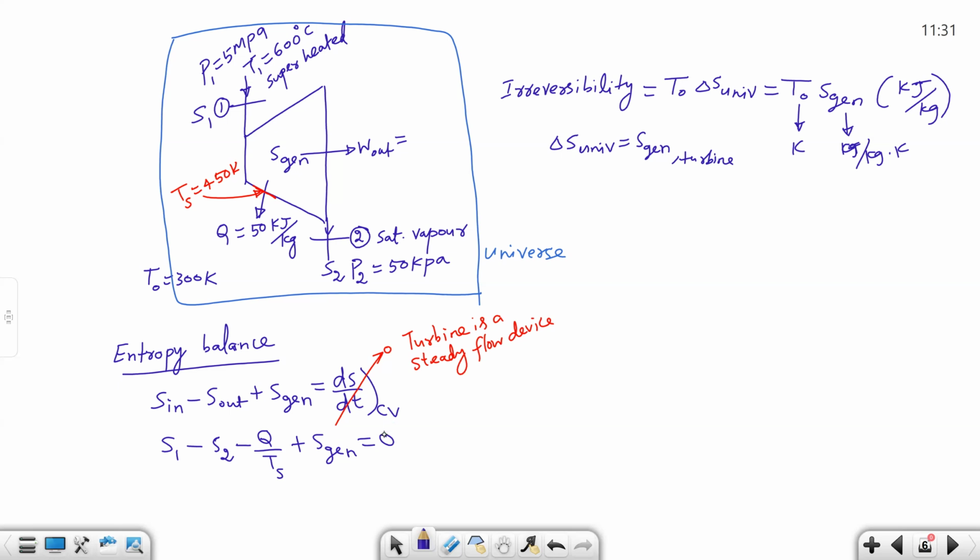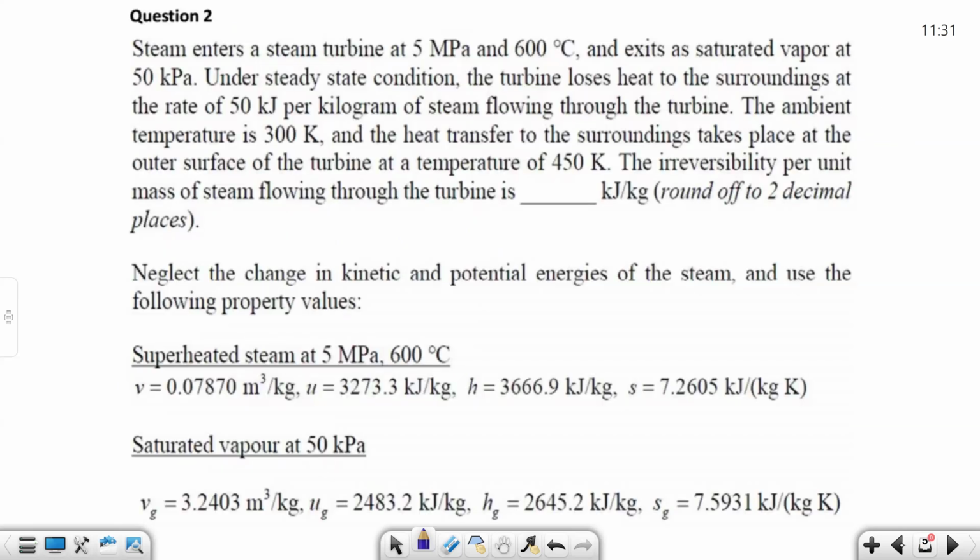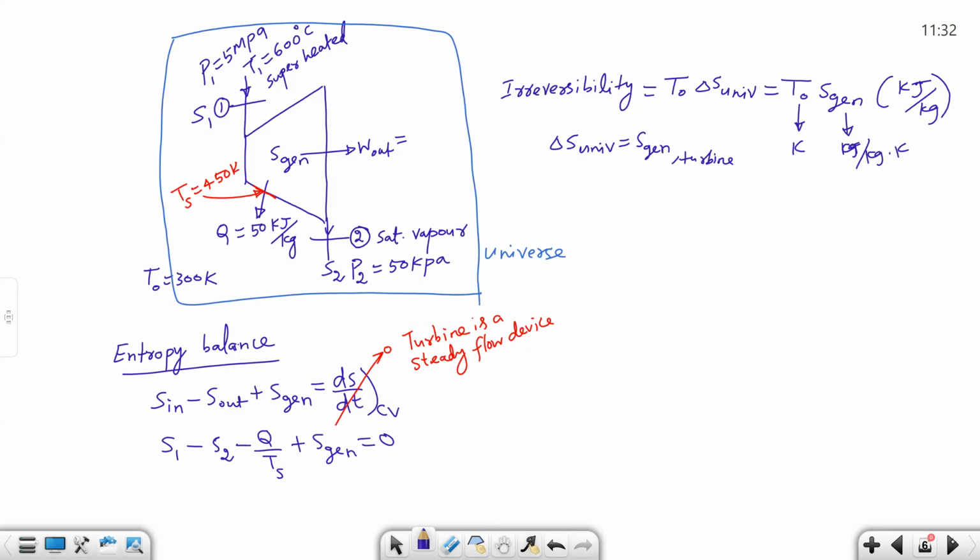So now S1. So how do you go for S1? Here it is superheated. This is your S1. S1 is 7.2605 kilojoule per kilogram Kelvin.